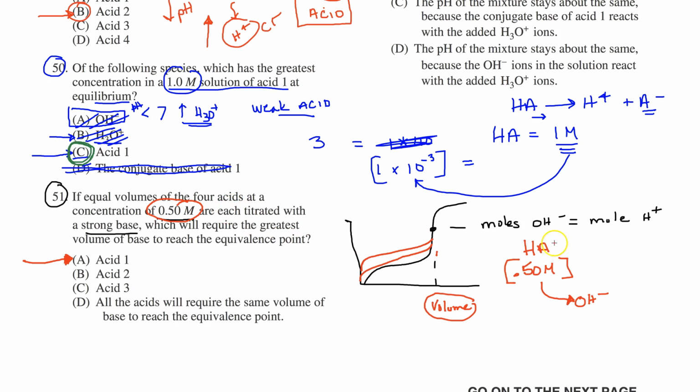Even if they're weak and not good at dissociating, like acid 1, a strong base will force its hand stoichiometrically. So as long as the weak acid and the stronger acids have the same concentration, you will need exactly the same volume, because the strong base will titrate them to the same equivalence point in terms of volume.